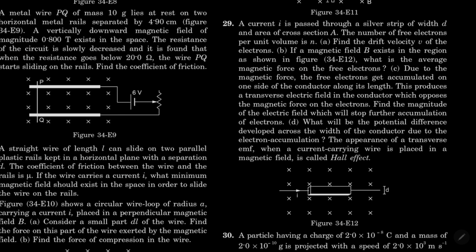In question 29, this figure is given. We have to find drift velocity, average magnetic force on free electrons, magnitude of electric field, potential difference, etc. Solution 29. So A part, it will be I over n A e.